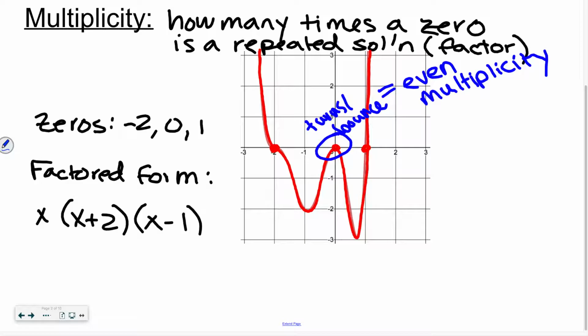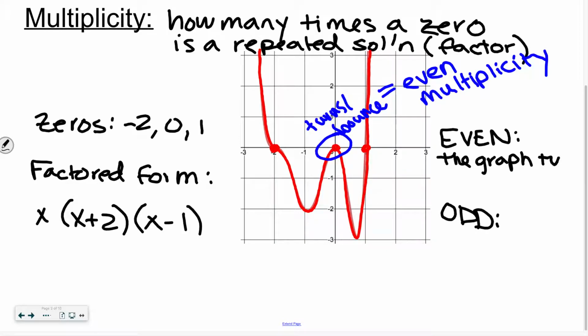Okay. So in your notes, you need to have something about even multiplicity and odd multiplicity. And you can put this into your own words, okay? Even multiplicity: if a 0 appears an even number of times, the graph turns on the x-axis.